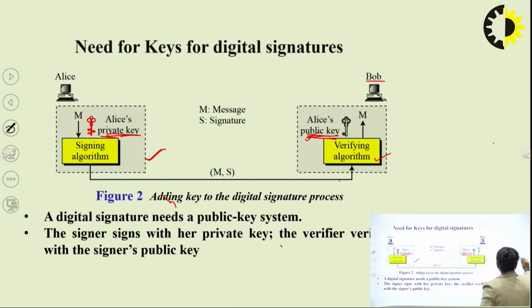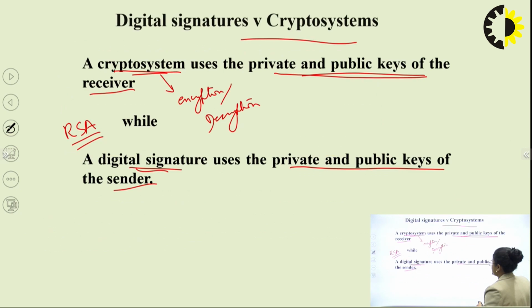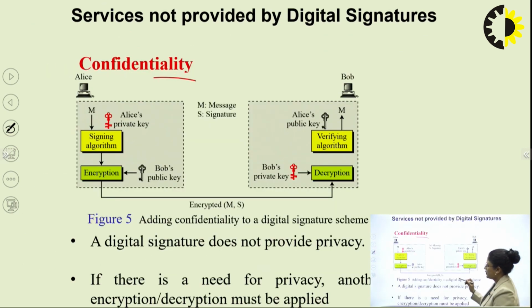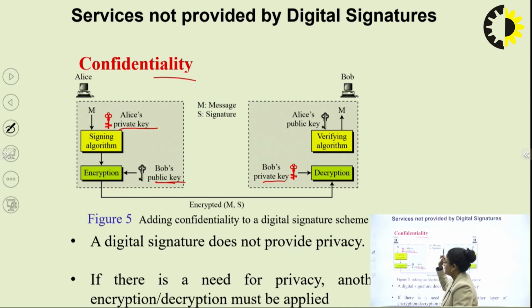That is for authentication in case of digital signature. But when you are talking about confidentiality, it's different. Encryption is done using the public key of the receiver, and decryption is done using the private key of the receiver. There lies the difference. For signing, it is the private key of the sender, and for verifying, the public key of the sender.